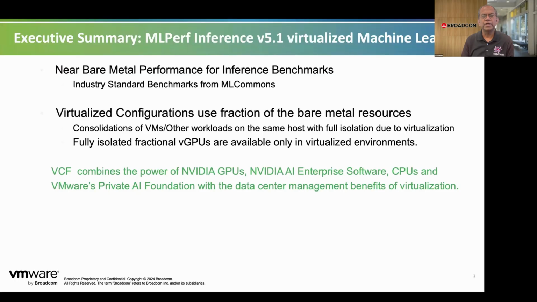That means you can consolidate more VMs or other workloads on the same host with full isolation. Fully isolated fractional vGPUs are available only in the virtualized environment. VCF combines the power of NVIDIA GPUs, NVIDIA AI Enterprise software, CPUs, and VMware Private AI Foundation with the data center management benefits of virtualization.